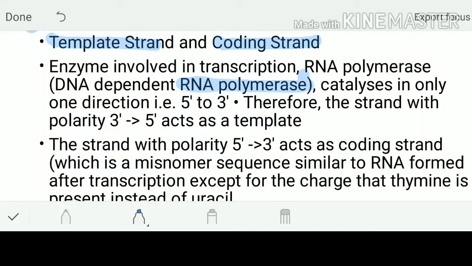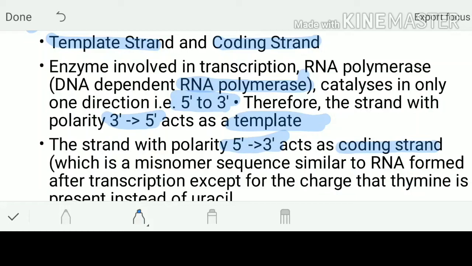Here the catalyzing direction is 5' to 3'. So the strand which has 3' to 5' polarity will be forming the 5' to 3' RNA, and the strand with 3' to 5' polarity is called the template strand. And the other strand, which has 5' to 3' polarity, is called the coding strand.